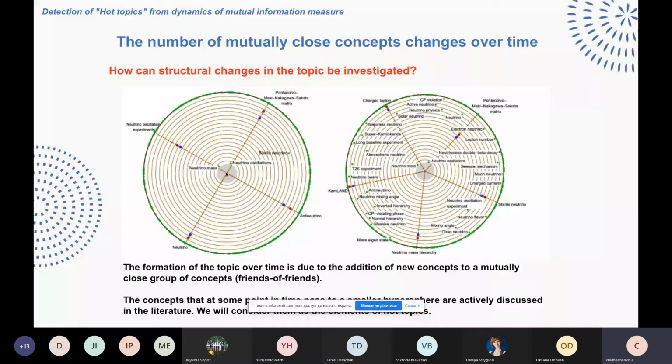And we can see that not very many concepts are sitting here. Only 6 of them appeared in this hypersphere. But at the end, at 2018, we have a lot of concepts which are associated with these neutrino oscillations concepts.